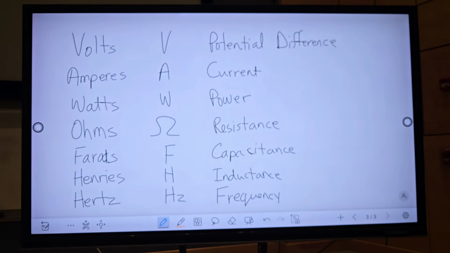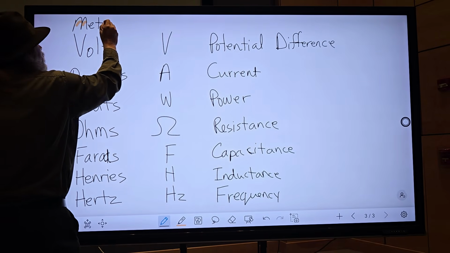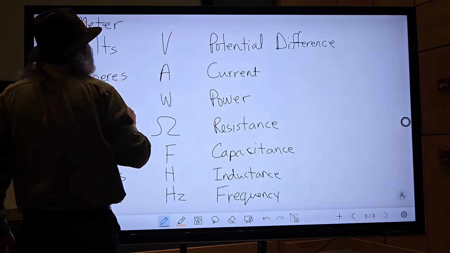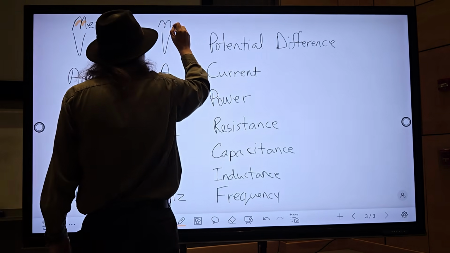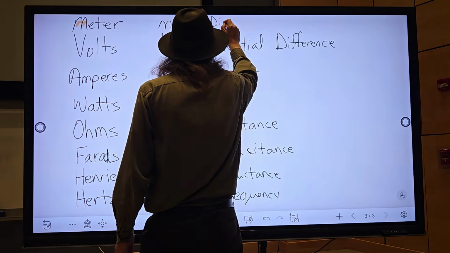And standard distance is the meter, little m, distance.